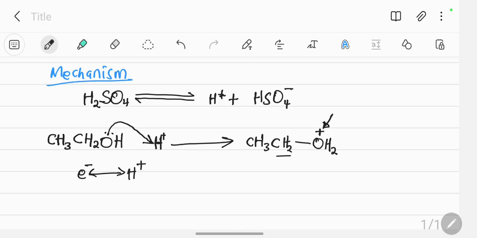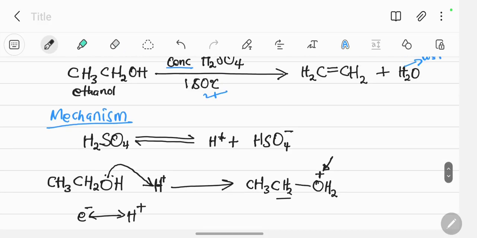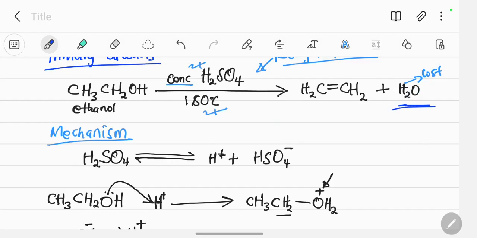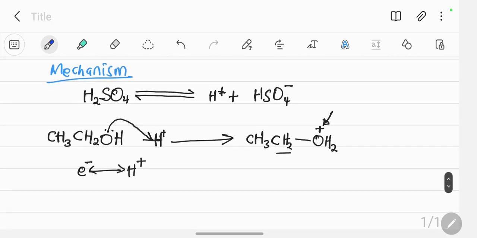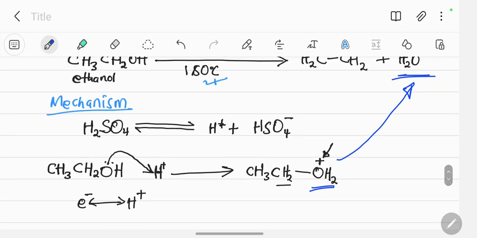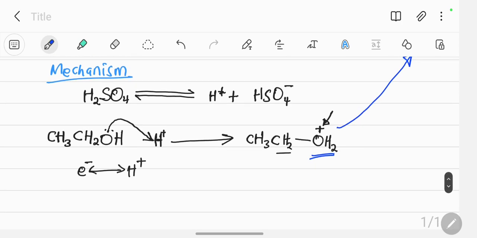We are going to break off this water, because this one has to form water. You remember very well, in our reaction we have water included somewhere here as lost water. So this is the water that is going to be lost there. So how are we going to remove this water? This is what is going to happen.